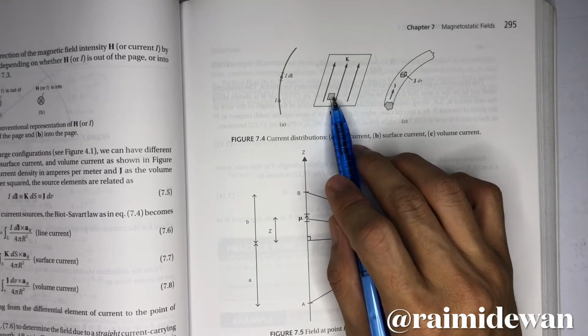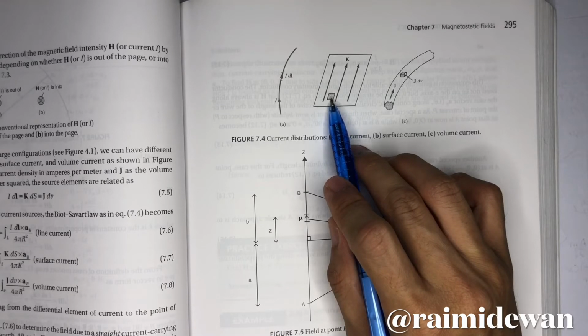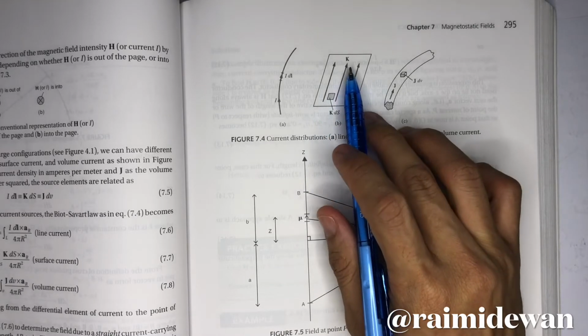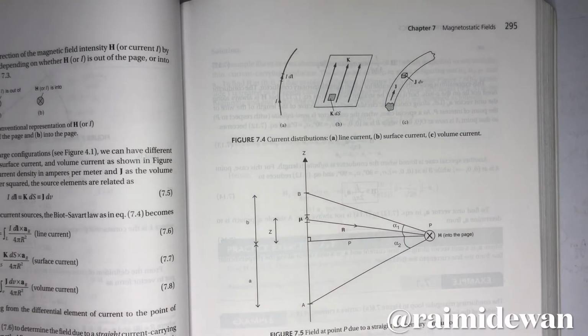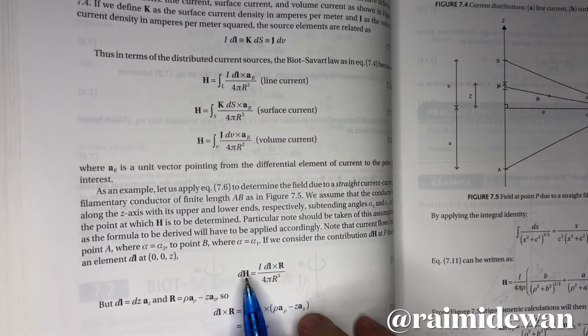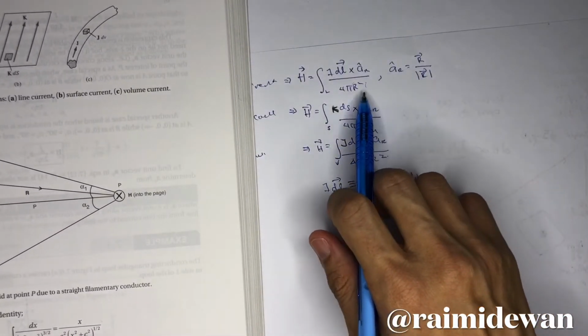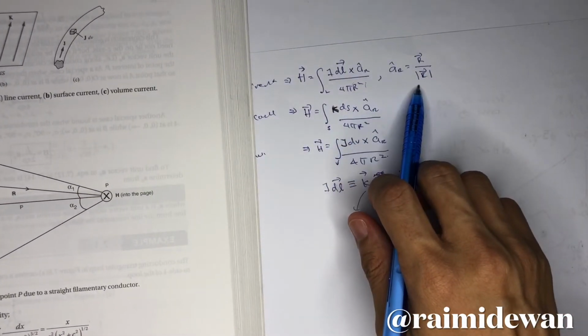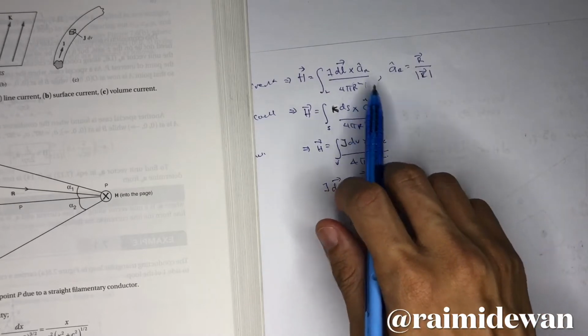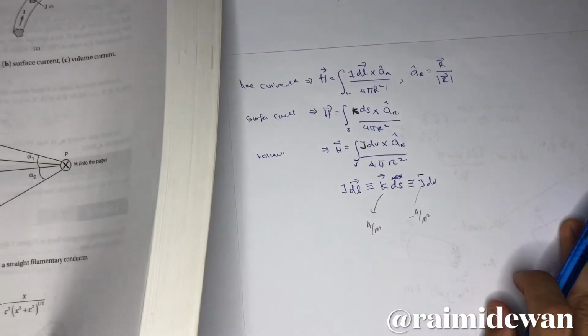K is your surface current density in ampere per meter. Then you see this term, just like I showed you why we have R to the power of 3. This is the same as Coulomb's law. Actually they expand this, that's why instead of squared we have power of 3, because this times this is power of 3.